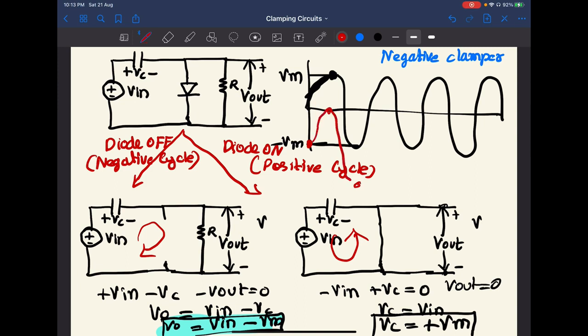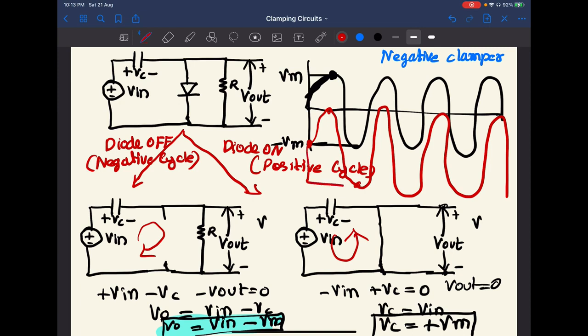So it will follow this path. Here it is minus 2Vm. That is the result of this negative clamper. As the name suggests, we can see that the input waveform is shifted to the negative side below the center axis. That is why it is the negative clamper.